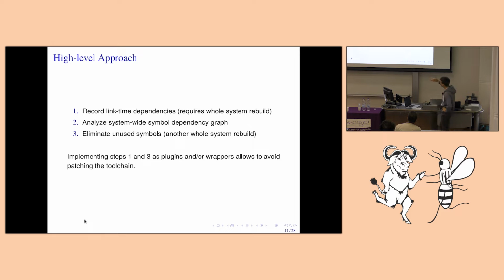And then at step 3, we eliminate unused symbols during another whole system rebuild. So that's it. We implemented steps 1 and 3 as plugins to the linker and the wrappers.